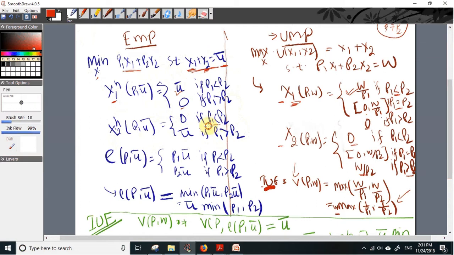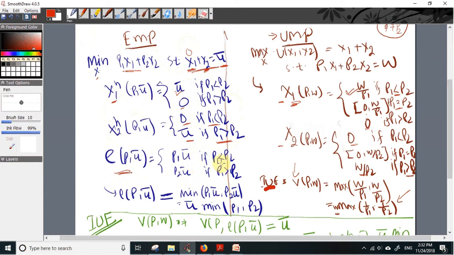If P1 is smaller than P2, you will purchase x1 only and no x2, so the demand for x2 will be 0. But if P1 is greater than P2, the consumer spends all his income on the second commodity, and we put x1 equals 0 here, and x2 will be U bar. So the Hicksian demand functions for x1 and x2 are these two.